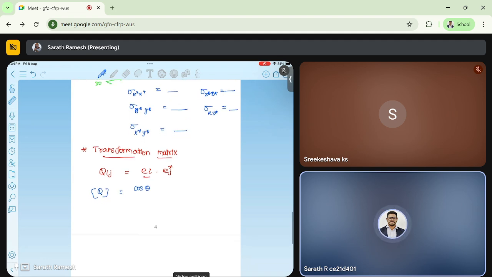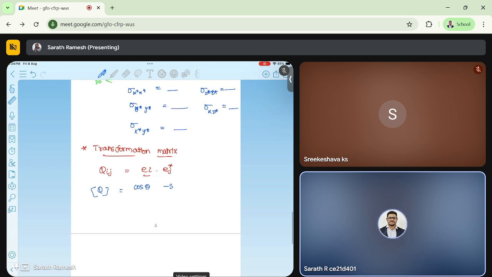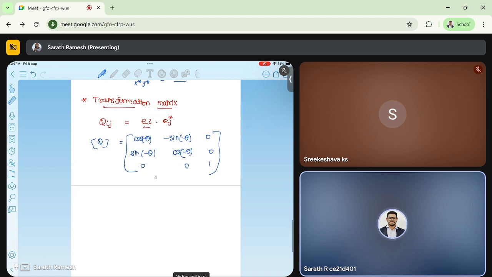Theta is negative, so cos of minus theta is again cos theta, minus sine of minus theta, 0, sine of minus theta, cos of minus theta, 0, 0, 0, 1. So this is equal to cos theta, sine theta, 0, minus sine theta, cos theta, 0, 0, 0, 1, right?